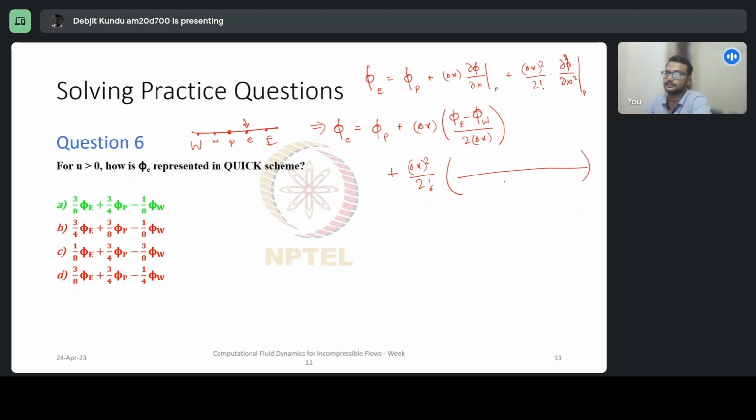So this can be written as phi E minus 2 phi P plus phi W over delta x squared.